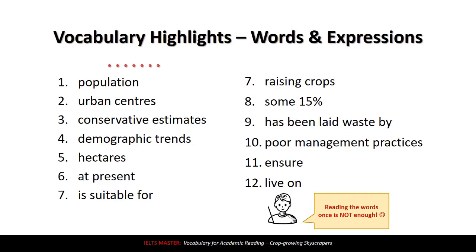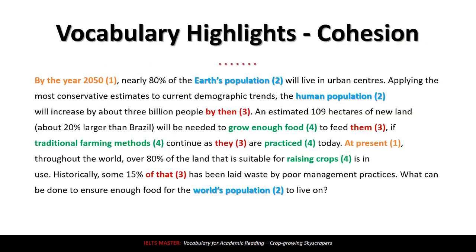So vocabulary words are one thing that you can look at, but let's look at vocabulary and cohesion. We're not looking for new words, we're looking for how the words are used to improve cohesion, to improve how the sentences are linked together. So first, number 1 in the orange, we have by the year 2050 and at present, which is on the 5th line.